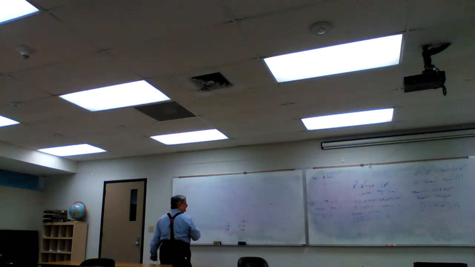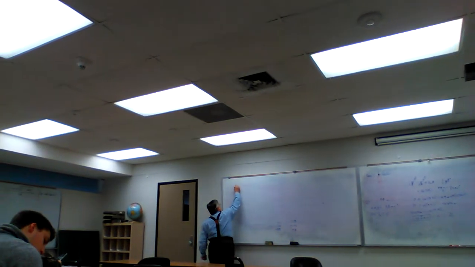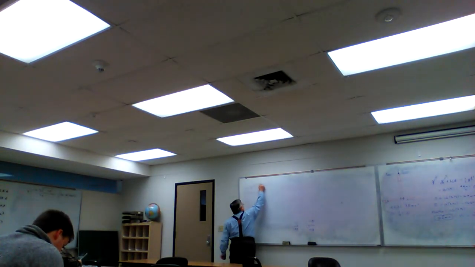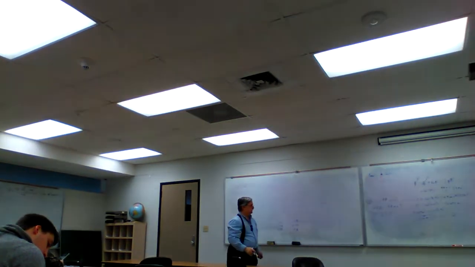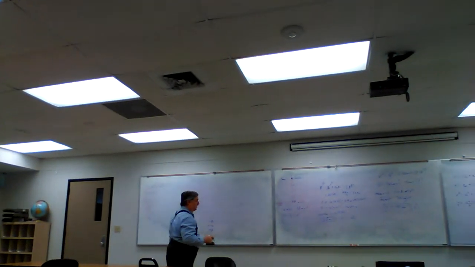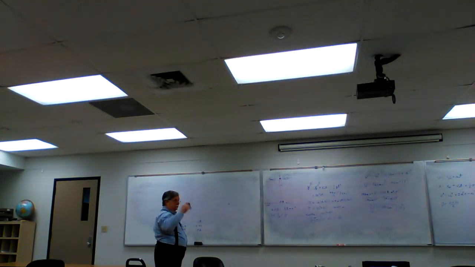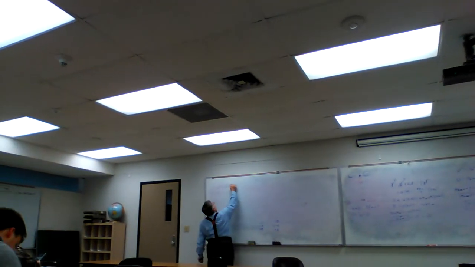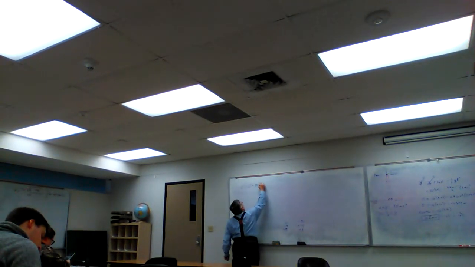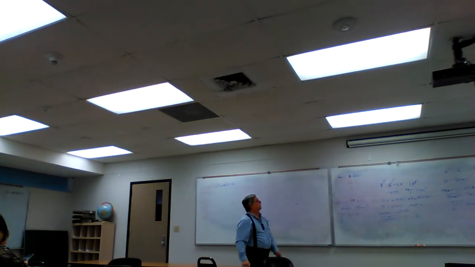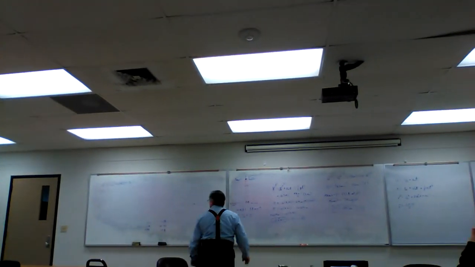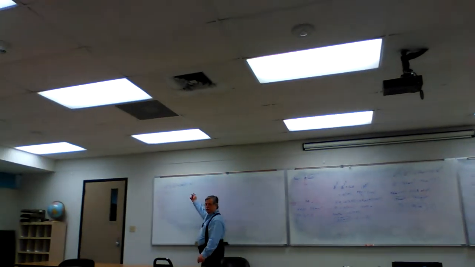V squared equals V naught squared, what? Plus 2A, what is A? Right? Okay. How do we rewrite this to put it in the vertical?